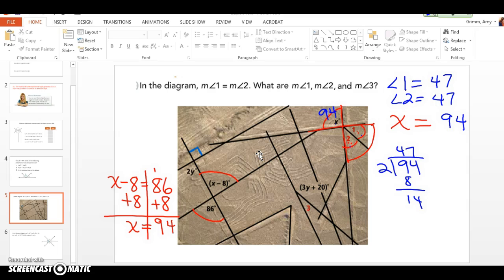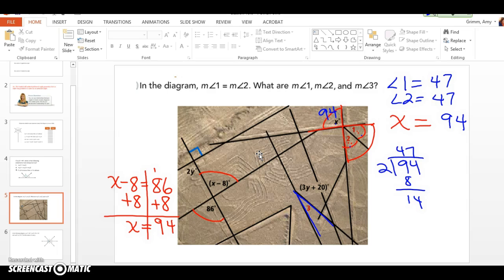All right, so now I got to figure out 3. So let's take a look at 3. Here's angle 3. Any ideas what we can do here? How can we use the y? Do you know what the equation would be? I have to use something I've learned this chapter, right?